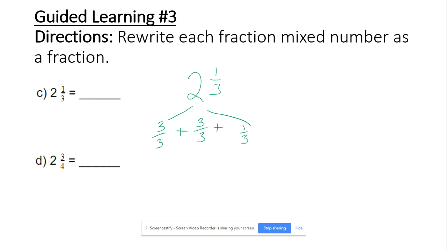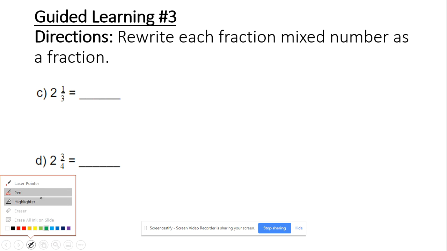So now we have 3/3 plus 3/3 plus 1/3. So 3 plus 3 is 6, plus that 1 is 7, and we're dealing with thirds, so 7/3 is our answer. So 2 1/3 is equivalent to 7/3.